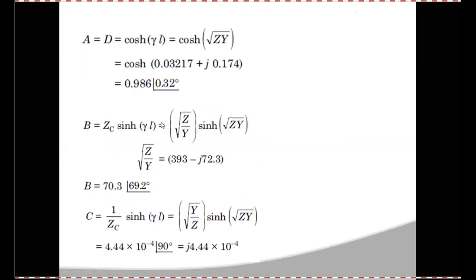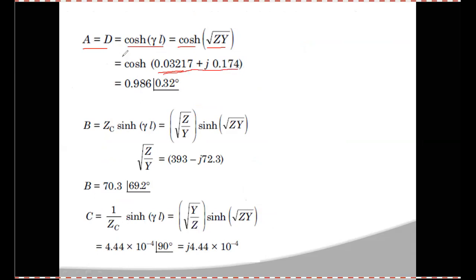Previously we have done this for the previous problem also, so you repeat the same procedure here. A is equal to D, which is equal to cosh gamma L. So cosh of this value, gamma L, which is 0.03217 plus j 0.174.